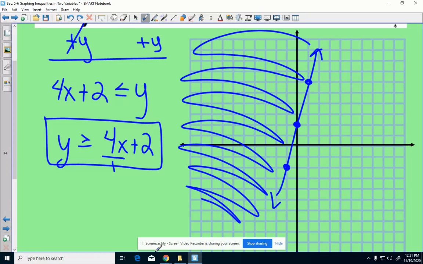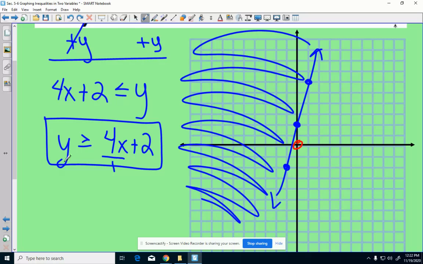So before you go trying to color, I think you need to identify where's the greater than side, where's the less than side. And if that's not holding for you, then pick a point. Pick some point that is not on the line. I would take that point right there. 0, 0 is not on that line.